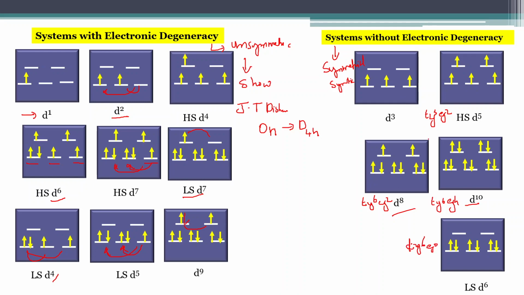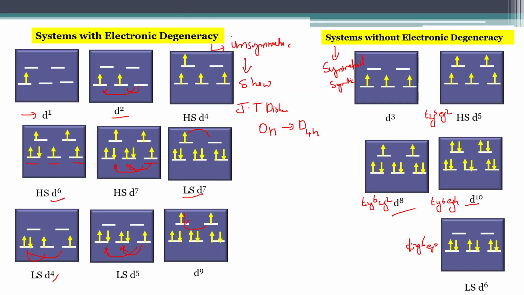They do not show Jahn-Teller distortion, because these are arrangements without electronic degeneracy, examples of symmetrical arrangements. So the symmetrical arrangement does not show electronic degeneracy and does not show Jahn-Teller distortion.